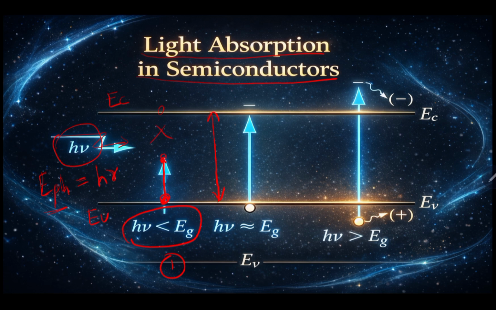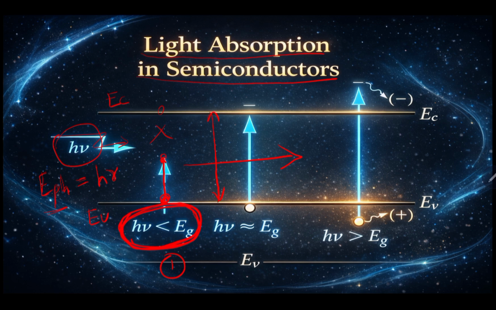So this light, having energy less than the band gap, will be transmitted through the semiconductor, and the semiconductor will act as a transparent medium for photons of this energy. This is the first case.